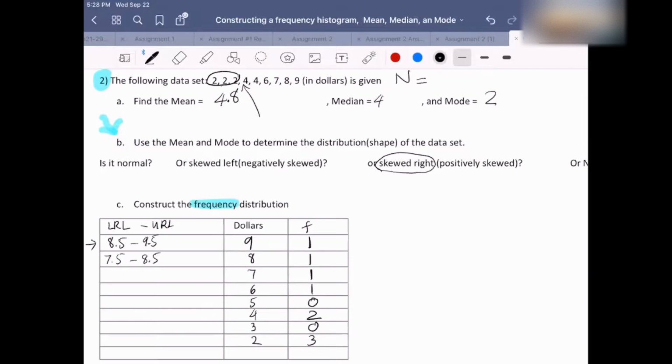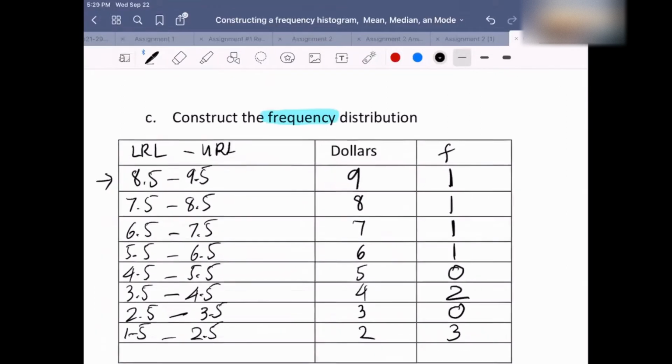And then 6.5 to 7.5, and then 5.5 to 6.5, 4.5 to 5.5, 3.5 to 4.5, then 2.5 to 3.5, and then 1.5 to 2.5. Okay, can you guys double check all the limits for me and let me know if I make any mistakes?